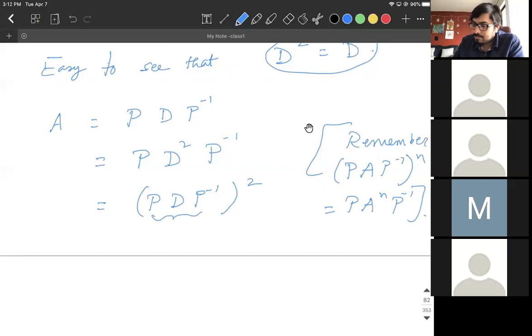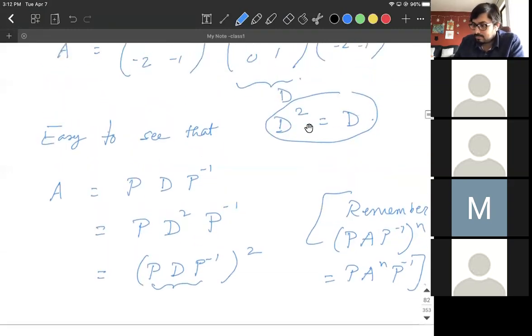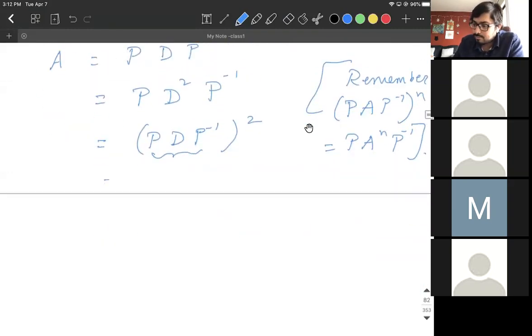But what is this P D P inverse? It's A. So finally, what we get is that A is the same as A squared. So the square root of A is A itself.